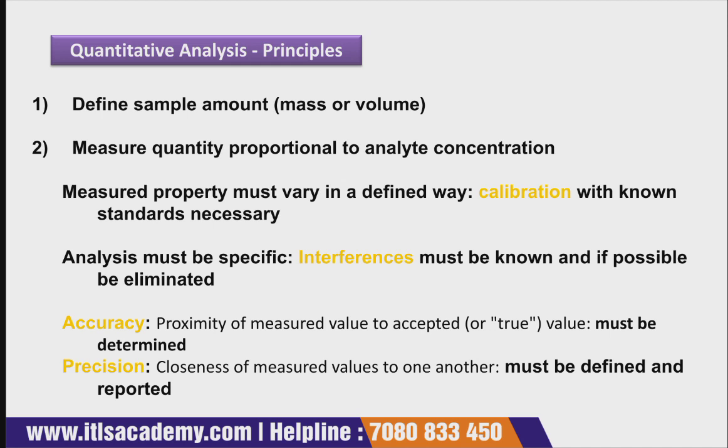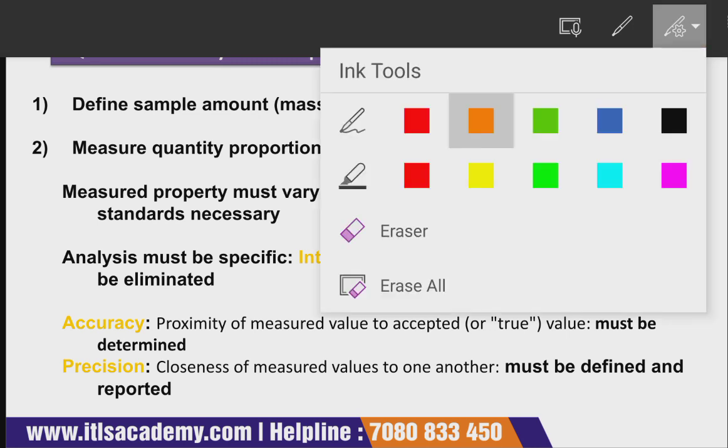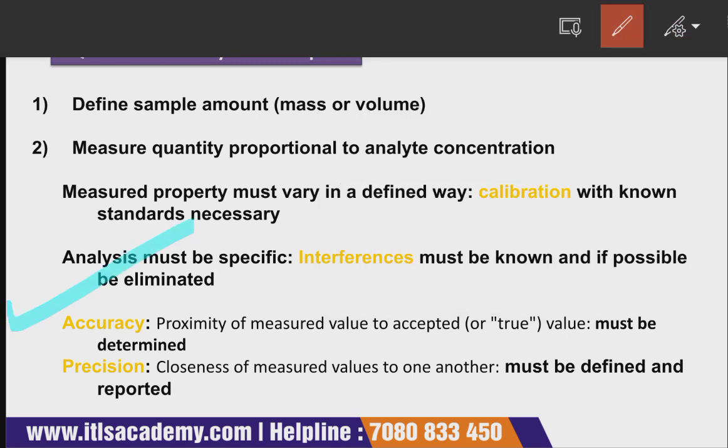So here two things are to be understood, that is what is accuracy and what is precision, because this is very important. In examinations and in interviews, they can ask you what you understand by accuracy and what you understand by precision. Accuracy is the proximity of the measured value to the accepted, that is the true value.